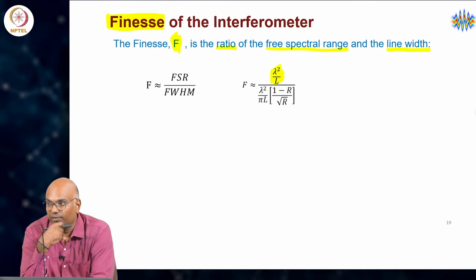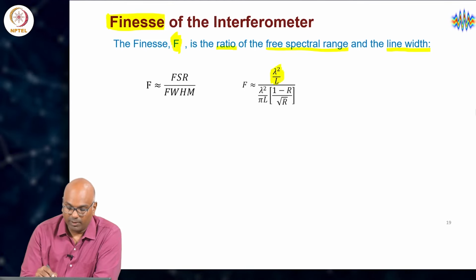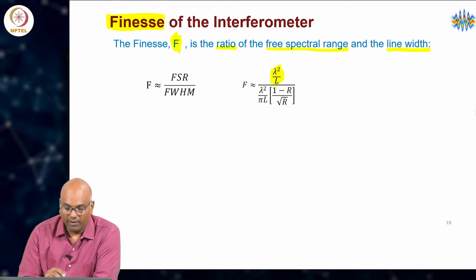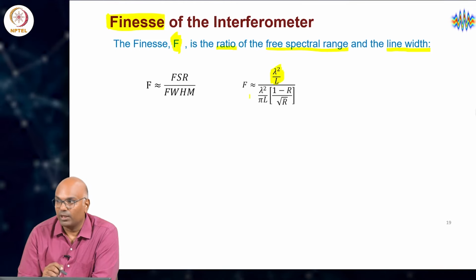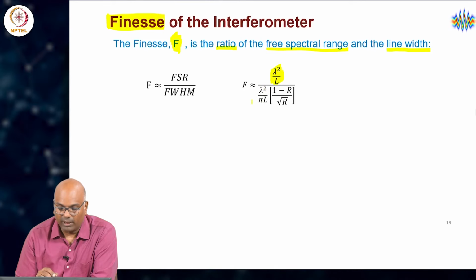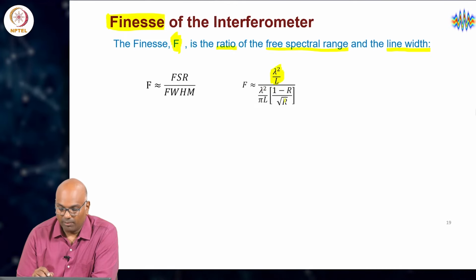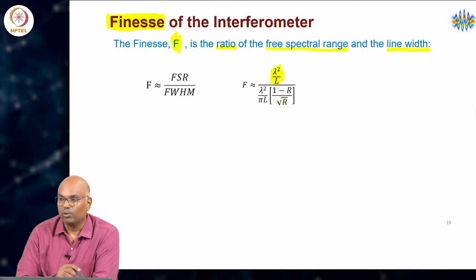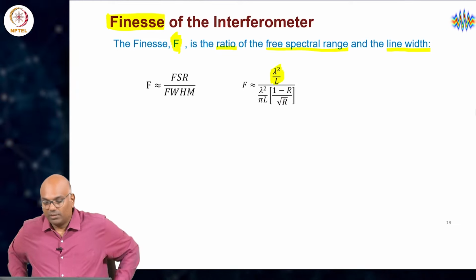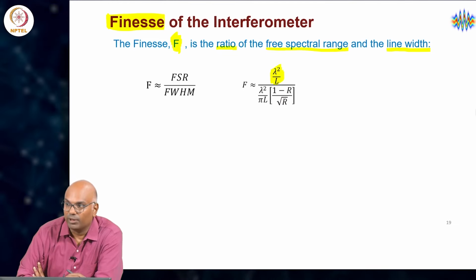In terms of wave numbers, it was just 1 by L. In terms of nu, it was just C by L, where L is the round trip optical path length. And FWHM, we just deduced that in the previous view graph, it is lambda square by pi L, multiplying 1 minus r divided by the square root of r. We left this as a homework to do, that this is the line width or the FWHM.